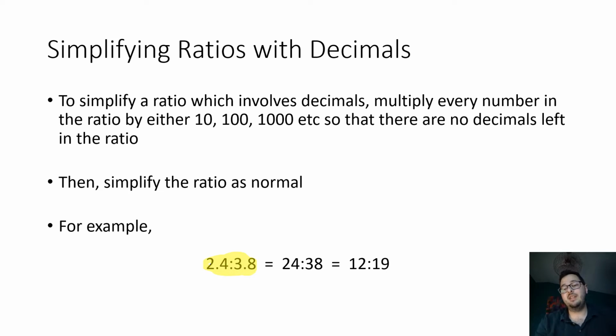And if we times both of them by 10, we're going to end up with 24 to 38, and then we can just simplify that by halving it, and we end up with 12 to 19. So you just times it by a power of 10, so either 10, 100, 1,000, whatever you need, so that we get rid of the decimal, and then you can simplify it as normal.